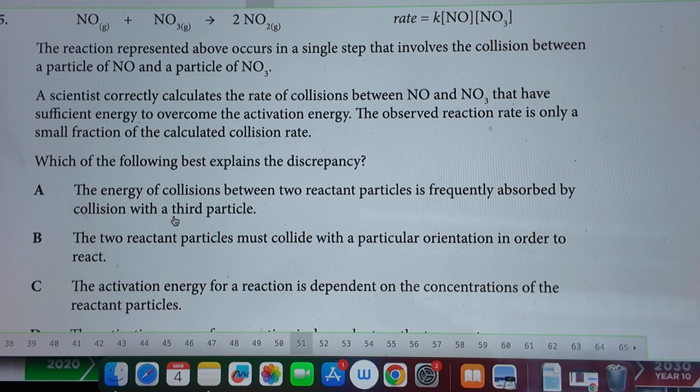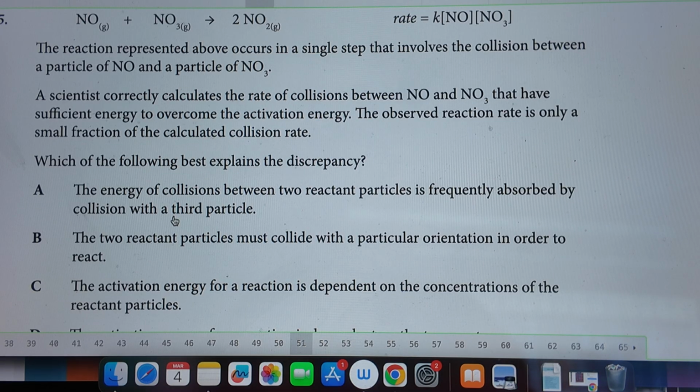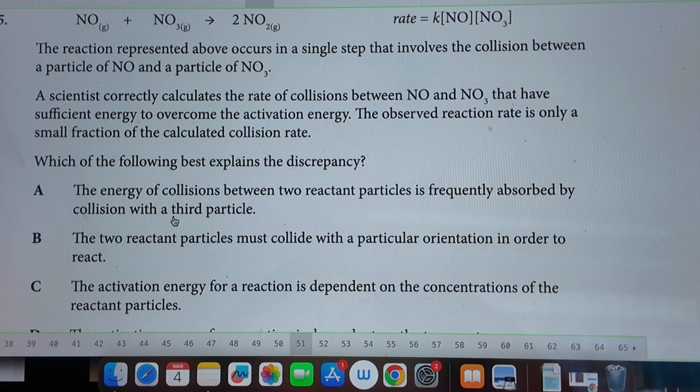NO plus NO3 turns into 2NO2 with the rate law of k[NO][O3]. So everything is first order. The question here is, the reaction represented above occurs in a single step that involves the collision between a particle of NO and NO3, which turn into 2NO2.